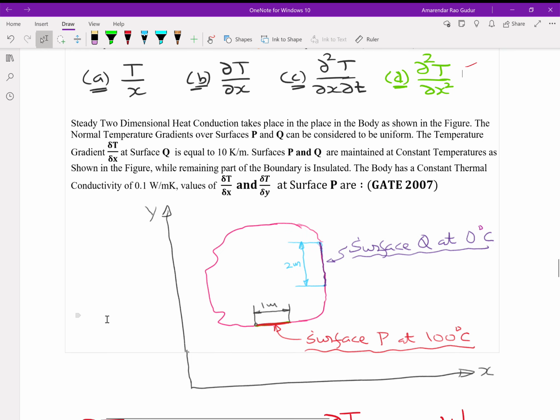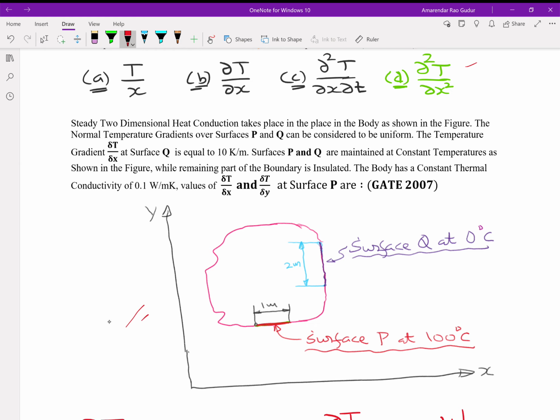Then one more question appeared in 2007. It's a simple numerical. Steady 2D heat conduction takes place in the body as shown in the figure. Then the normal temperature gradient over surfaces P and Q can be considered to be uniform. This figure is given to you. The temperature gradient del T by del x at Q is 10 Kelvin per meter.